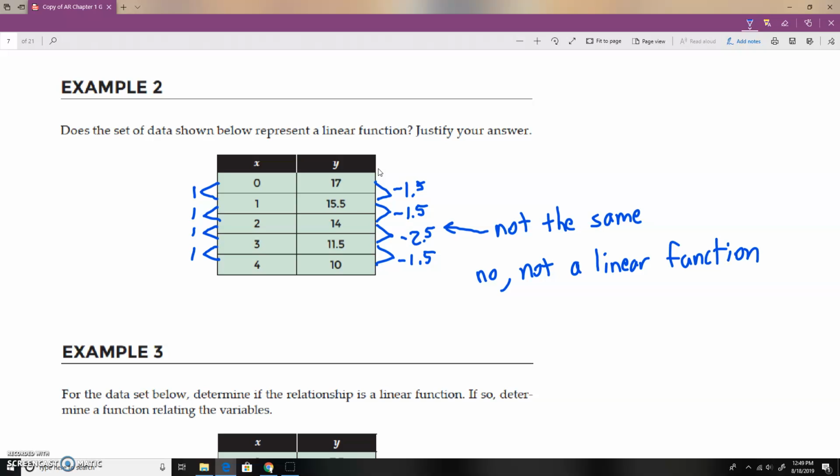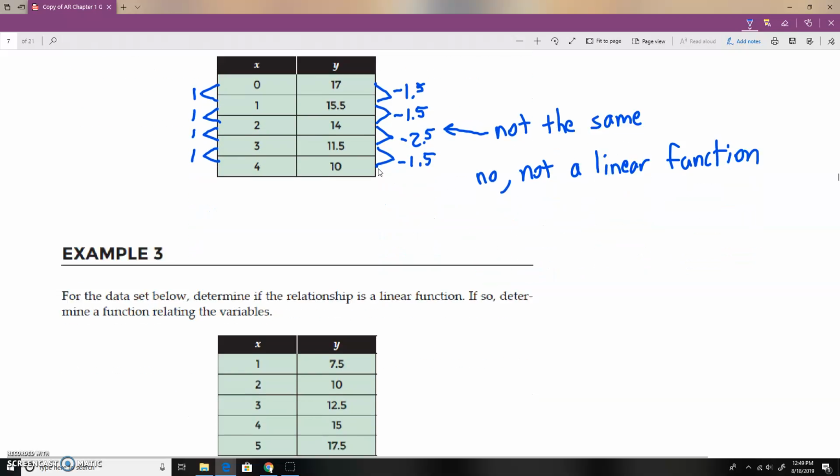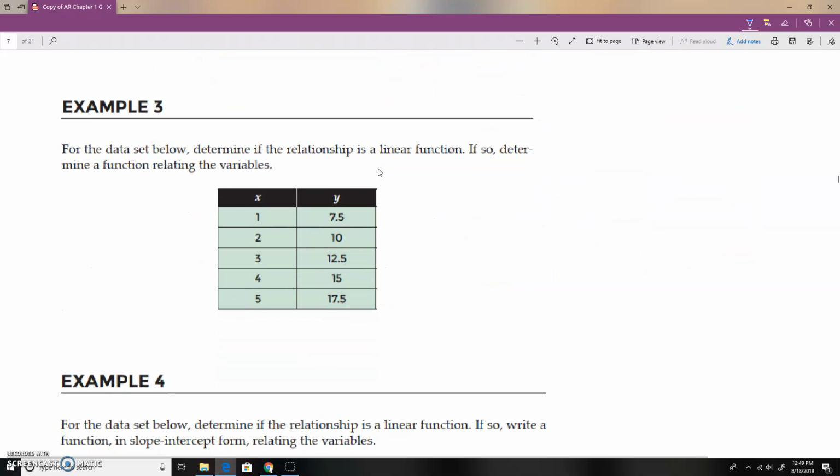All right. So once we've determined whether it is a linear function or not, the next step we can do is we can actually find what that linear function would be. Okay? So if we look at example 3, first off, our change in x is 1 each time.